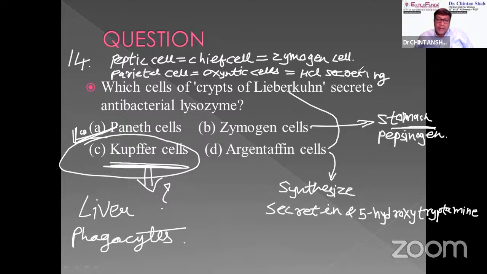So what I want now is that you tell me about all these four cells. Paneth cells, Kupffer cells: what is their function and where are they present. Zymogen cells: what is their function and what other name do they have. As well as argentaffin cells: what is their function. I'm going to delete this within a five count. 1, 2, 3, 4, and 5. I believe lots of new learning has taken place.